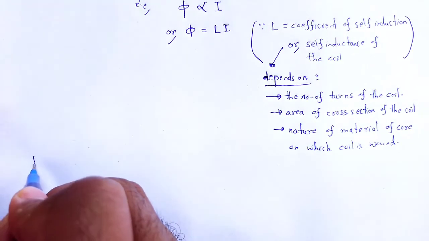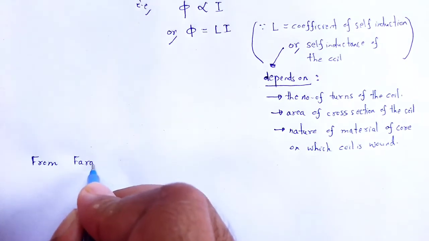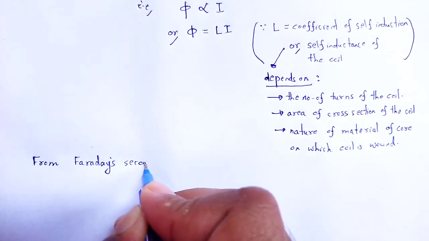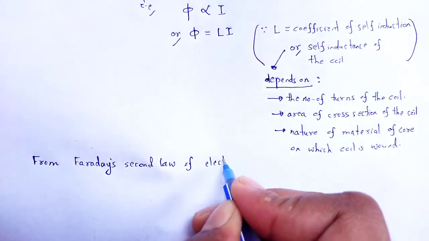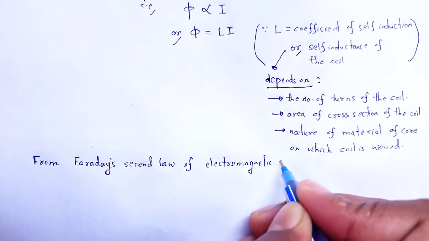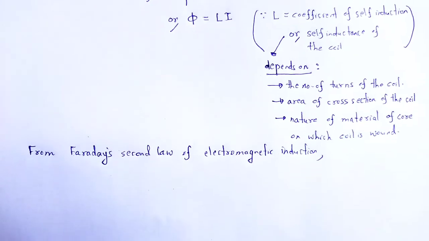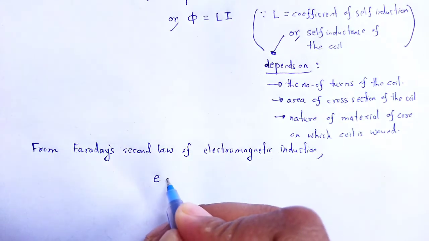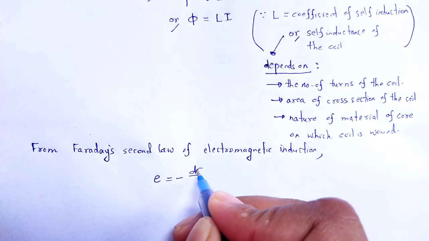From Faraday's second law of electromagnetic induction, the induced EMF E is equal to minus d phi by dt.